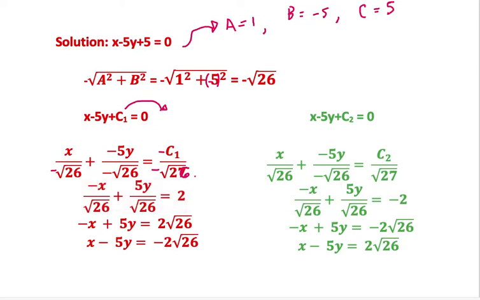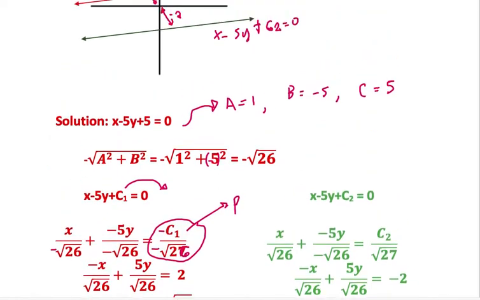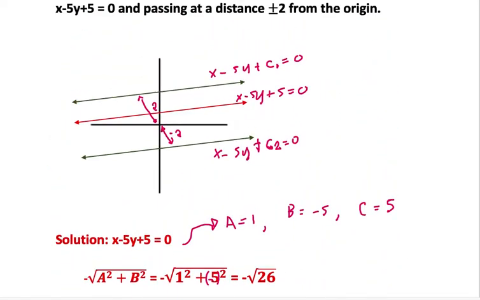Why naging 2 dito? Take note that this is our distance. Yan. So, this will be our P, right? So, according to the illustration, okay, the distance of this line from the origin is 2. So, meaning, yan yung P natin. So, our first equation, yung distance niya is 2.